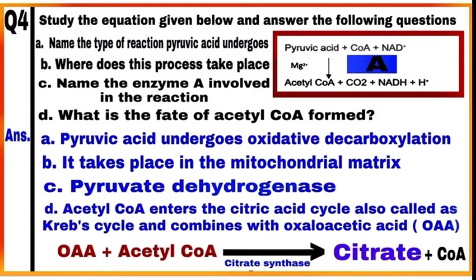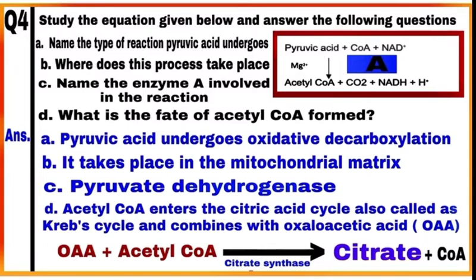Part C. Name the enzyme A involved in this reaction. The enzyme A involved in the reaction is pyruvate dehydrogenase. Part D. What is the fate of acetyl coenzyme A formed? Acetyl coenzyme A enters the citric acid cycle, which is also called the Krebs cycle, and combines with oxaloacetic acid or OAA to form citrate or citric acid.